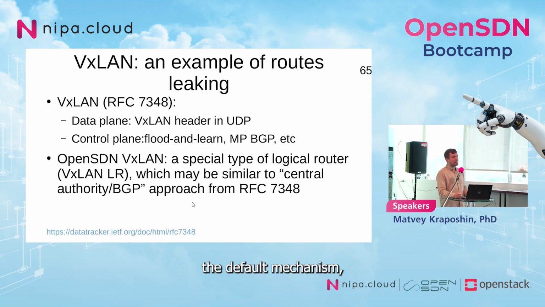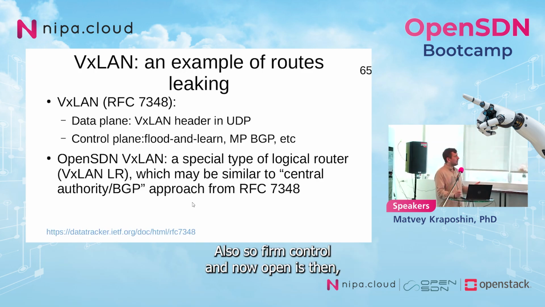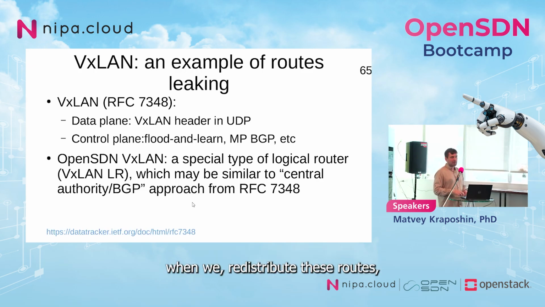The default mechanism of route redistribution is called flood and learn, and it requires a lot of resources from virtual networks. Instead, the authors of Contrail and now OpenSDN decided to use some kind of central authority or BGP approach, where we redistribute these routes centrally using a controller.